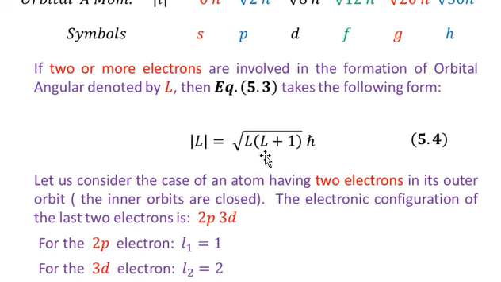Here capital L on the right hand side represents the total orbital angular momentum quantum number of the atom, whereas |L| on the left hand side represents the magnitude of the total orbital angular momentum when it arises from two or more electrons.